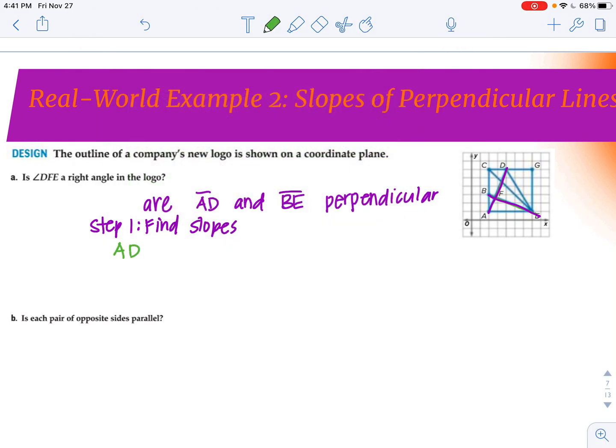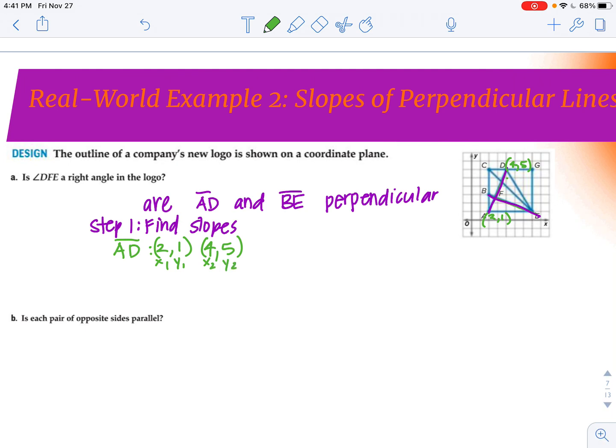So we have for AD, our points are 2, 1, and 4, 5.